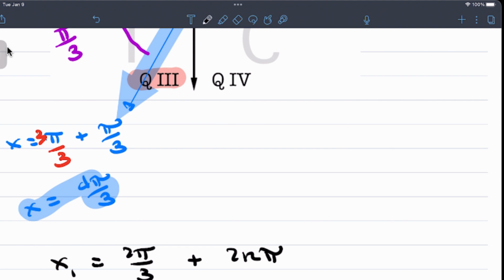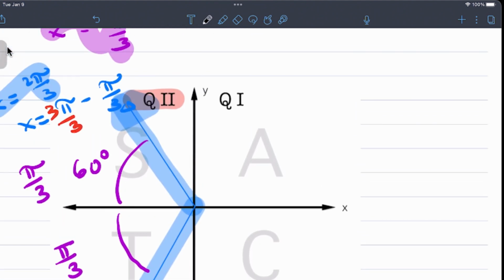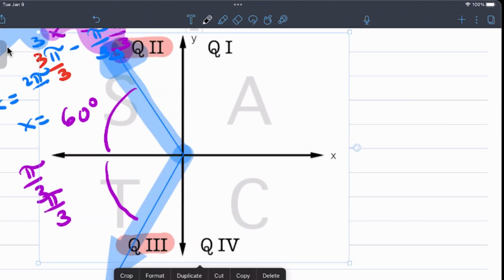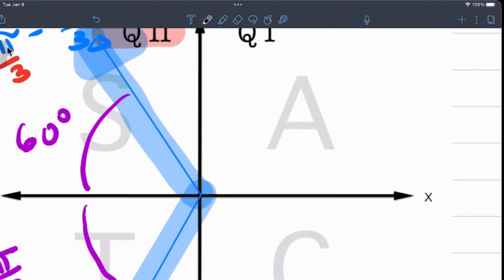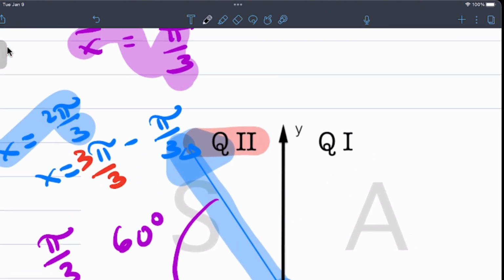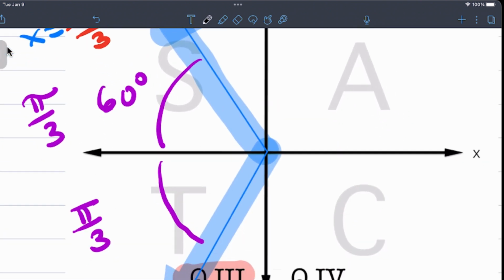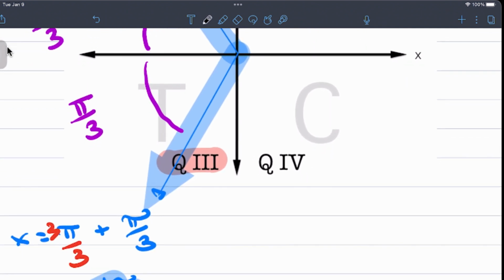We have to add the multiple of 2n pi, right? Because we're not in the opposite quadrant solution. These are adjacent, next to each other. So 2 pi over 3 plus 2n pi, and then 4 pi over 3 plus 2n pi.